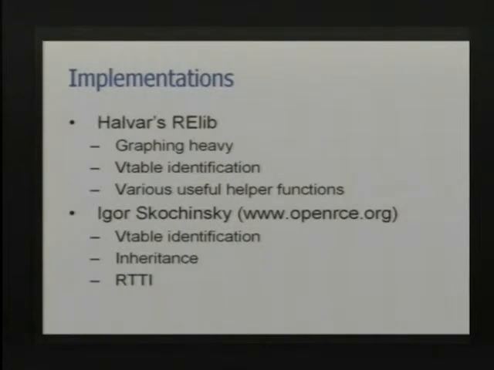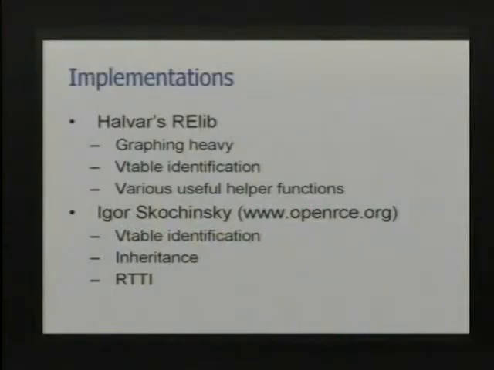He uses a couple of different methods to look for news to try to find constructors and find vtables that way. And there are lots of pretty useful helper functions in there. If you want to find all the cross references to a certain object, it'll create a list for you. If you want to find the disassembly for a basic block, there are lots of useful helper functions. I've used it a bunch.